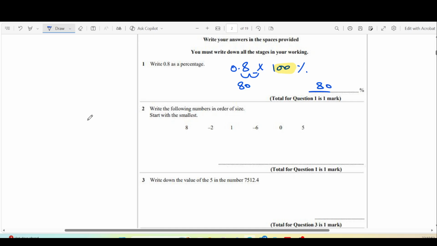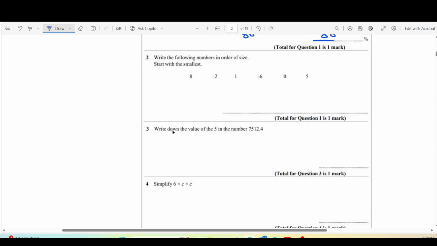Now we have to order these numbers from smallest. For a negative number, the bigger the number, the smaller its value, like negative 6 and negative 2. So negative 6 is smaller than negative 2 because it is a negative number. So then negative 2, and for positive we know 0, 1, 5, 8.